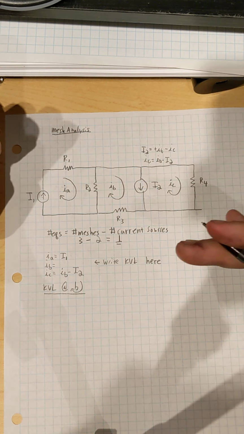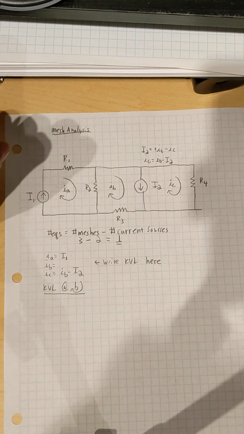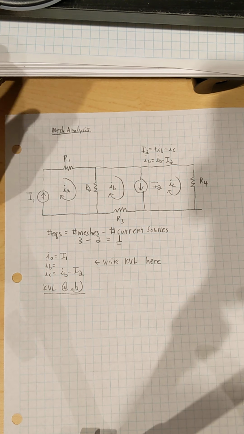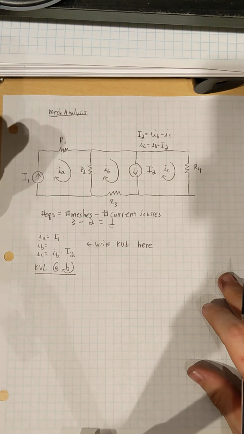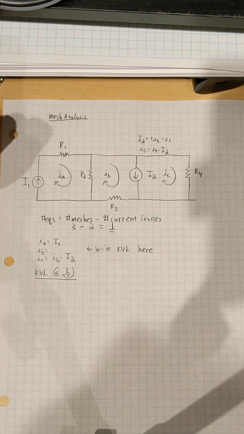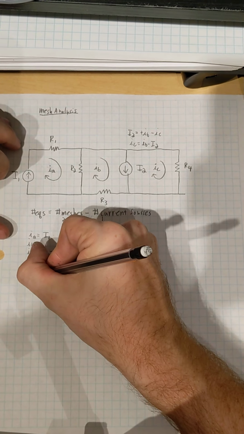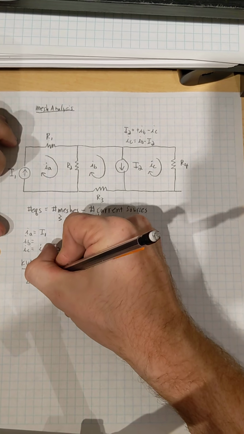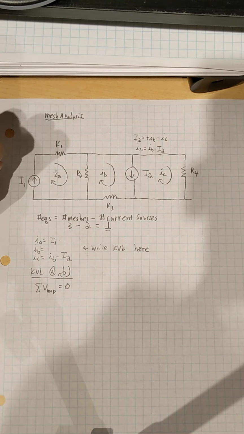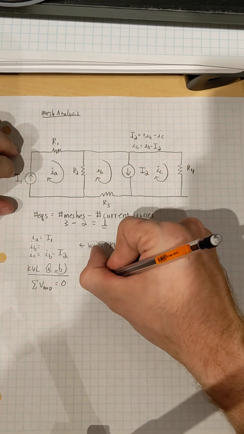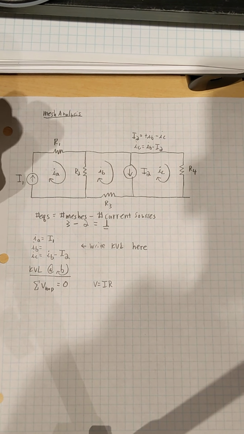I always use the convention of writing my mesh currents and doing KVL in the clockwise direction. Again, that just makes signs a lot easier to manage. So for KVL, the sum of the voltages in a loop should be equal to 0. And so we'll use V equals IR for each voltage.